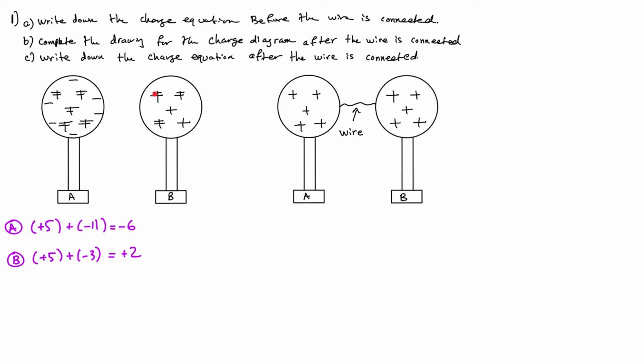So initially we have at least negative 3 charges. Let me draw those using red. So we have 1, 2, 3. Actually, I'll draw the original ones with black. And then we've moved 1, and 1 kind of leaves.